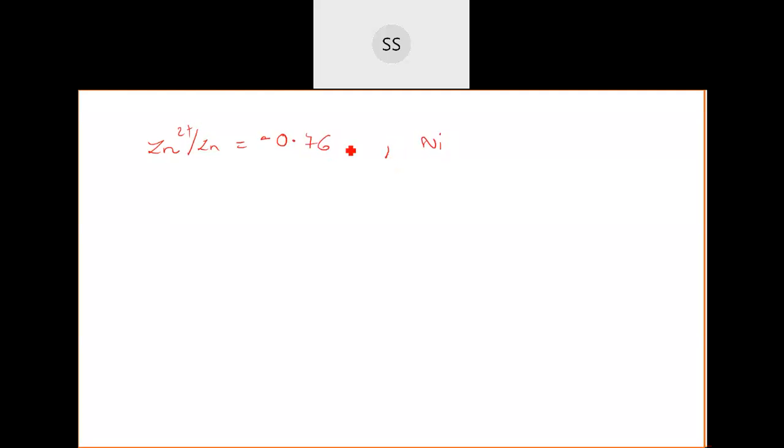Now Ni2+ to Ni, minus 0.25 volt. And then Ag+ to Ag, 0.80. You have to identify which is the strongest reducing agent among these: zinc, nickel or silver.